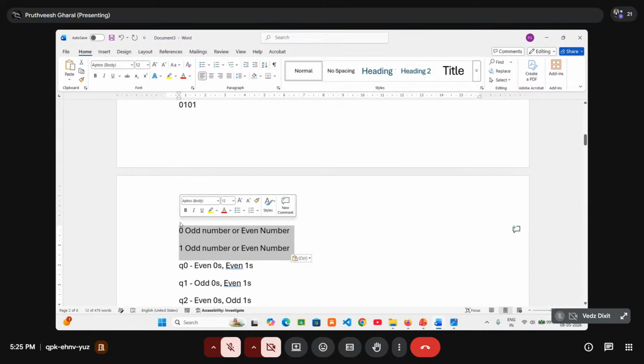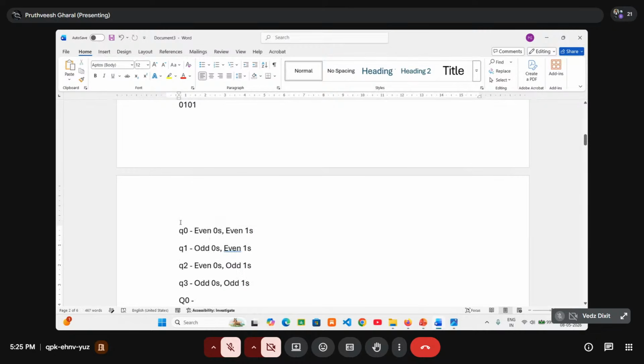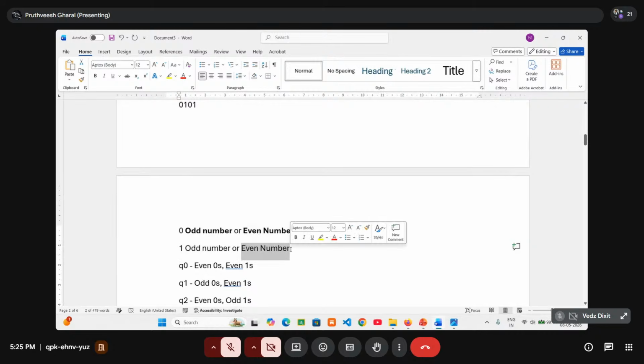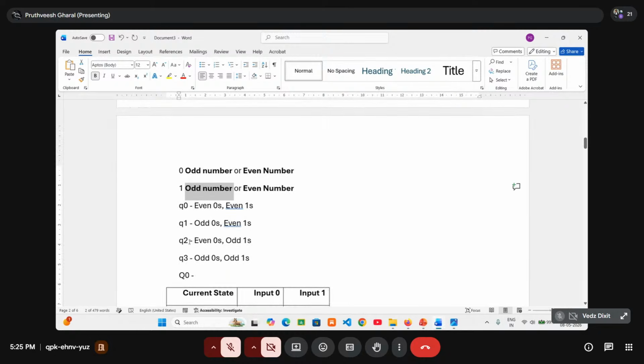And based on the combination of these four buttons we can click, we have defined the states.